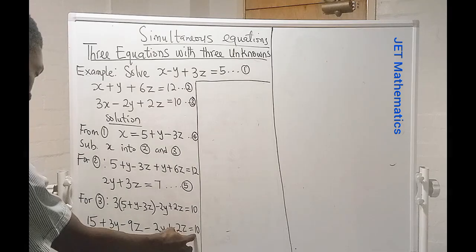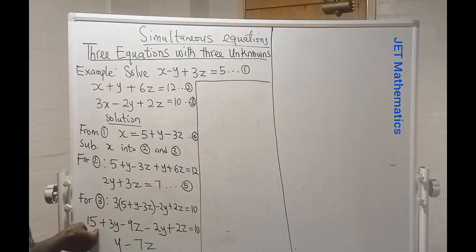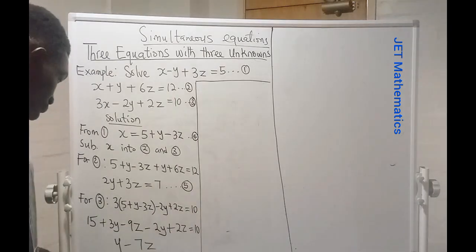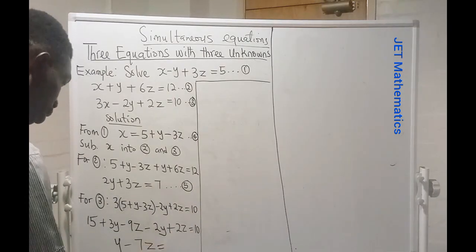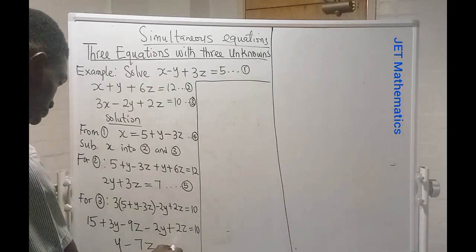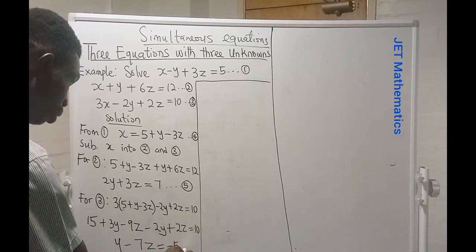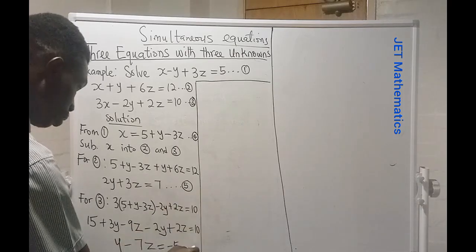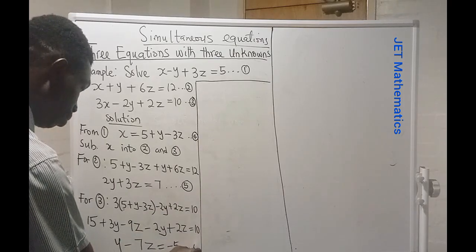Then here we have 10. Taking 15 this way becomes 10 minus 15, and 10 minus 15 is minus 5. So we'll call this equation 6 now.